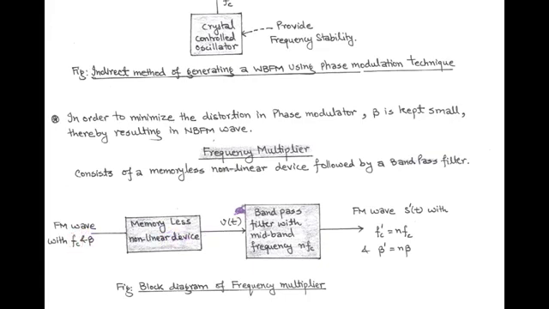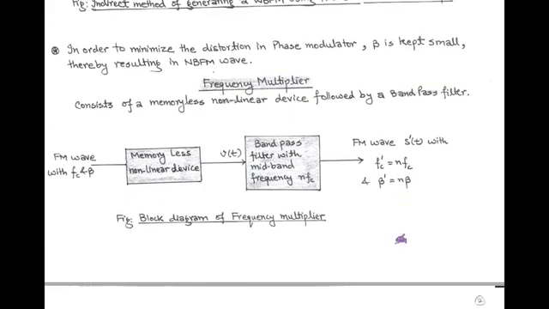Also, the output of the memoryless nonlinear device is v(t). After passing through the bandpass filter, we get a wideband FM wave denoted by s'(t), having carrier frequency Fc' and modulation index beta', both being n times those of the narrowband FM.